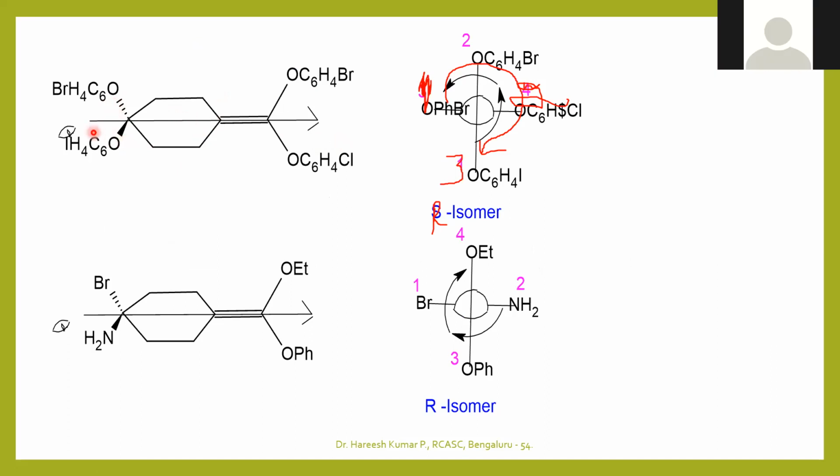Here, when a chiral axis is passing through this, you can observe that these two groups are nearer groups and these two groups are far groups. These two nearer groups take the priority. Here iodine is there and here bromine is there. Viewing from here, iodine is on the right hand side, so this takes the priority.